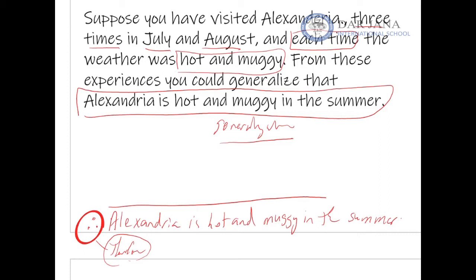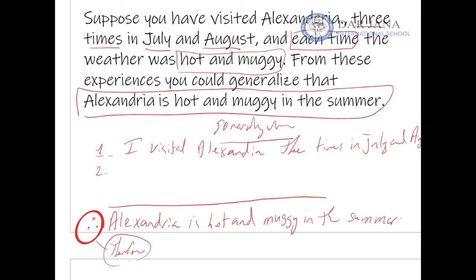So the first premise is that I visited Alexandria 3 times in July and August.